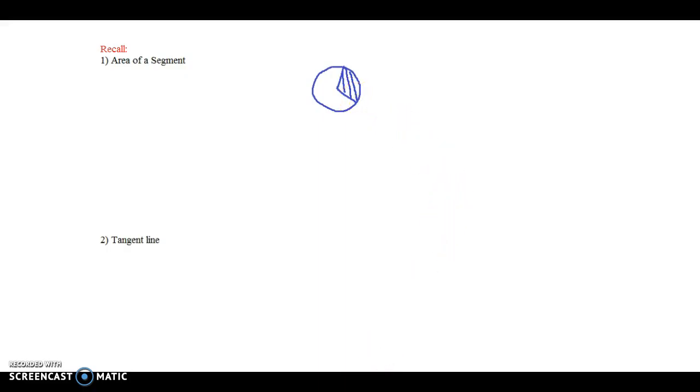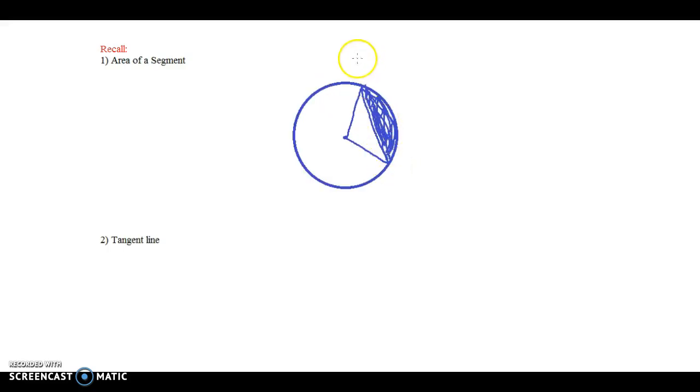Now the area of a segment is when we draw a chord and we're just talking about the area of this part here trapped between the chord, that segment connecting the two endpoints on the circle. And that area between the actual circle and that chord is called the area of a segment.